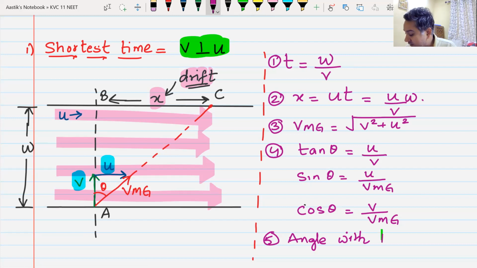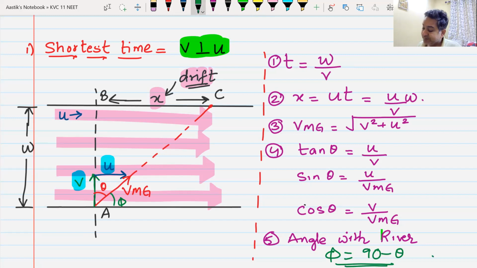That angle is phi, and this angle phi, if they ask you, will be equal to 90 minus theta. It is not asked anytime, but if it is asked, you can write it down.